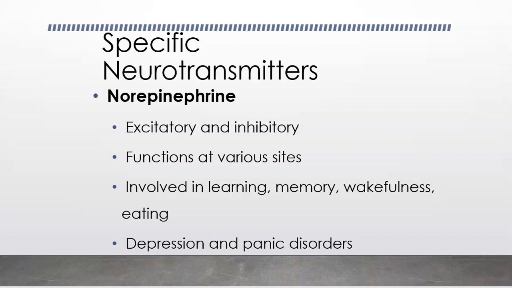It's one of those neurotransmitters that's a little less understood because it has so many different functions, but it is involved in learning, memory, wakefulness, and eating. And then we also see some changes in norepinephrine levels in patients diagnosed with depression and panic disorder.